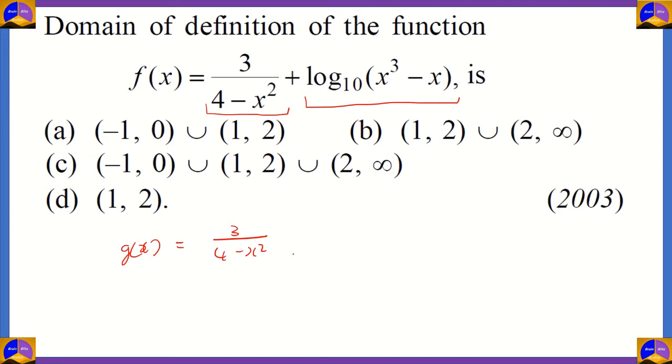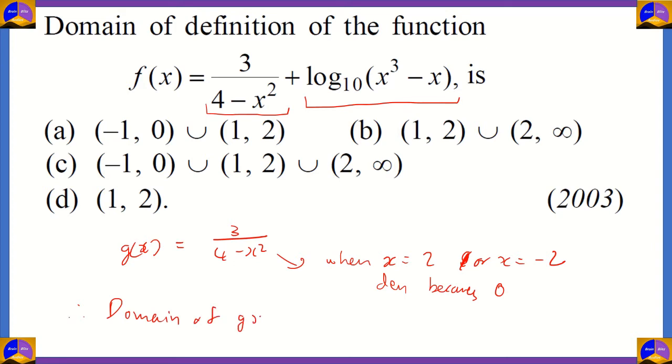In this particular function, you notice that when x equals 2 or x equals minus 2, the denominator becomes 0, and anything divided by 0 is not defined. So you can write the domain of g of x as the set of real numbers minus the elements minus 2 and 2.